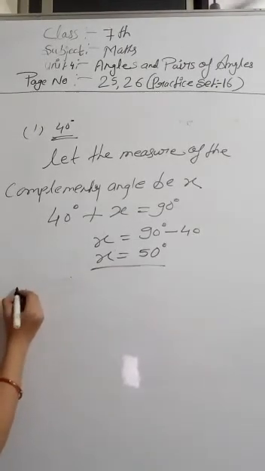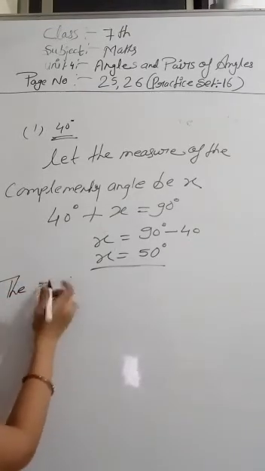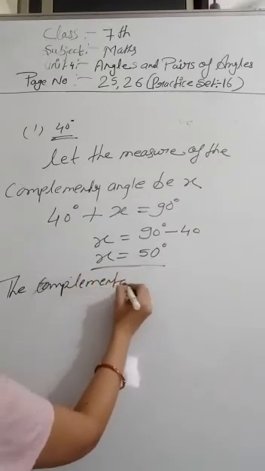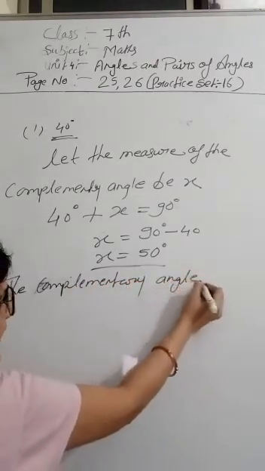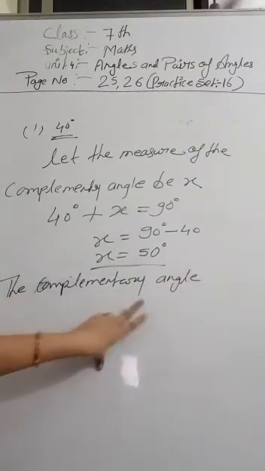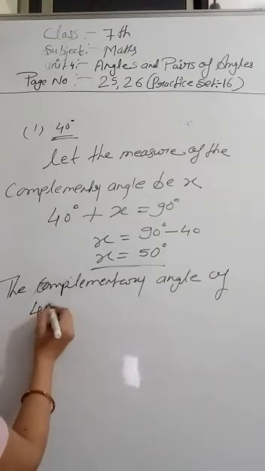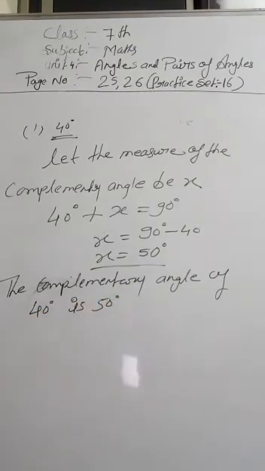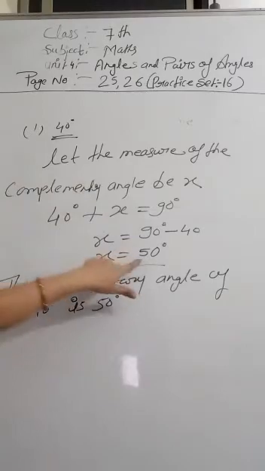So here we will write our answer: the complementary angle of 40 degree is 50. The complementary angle of 40 degree is 50.